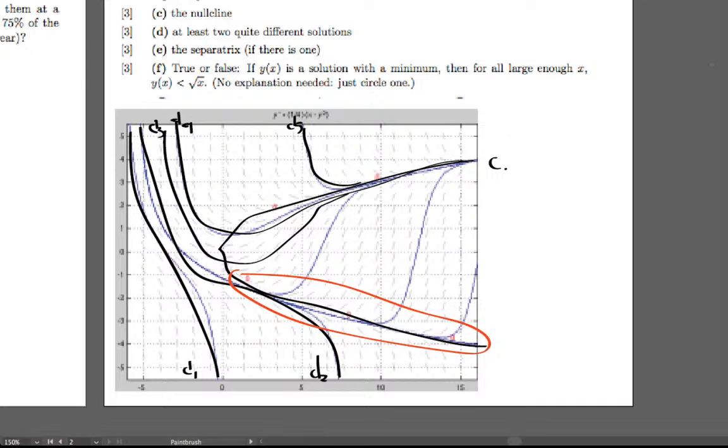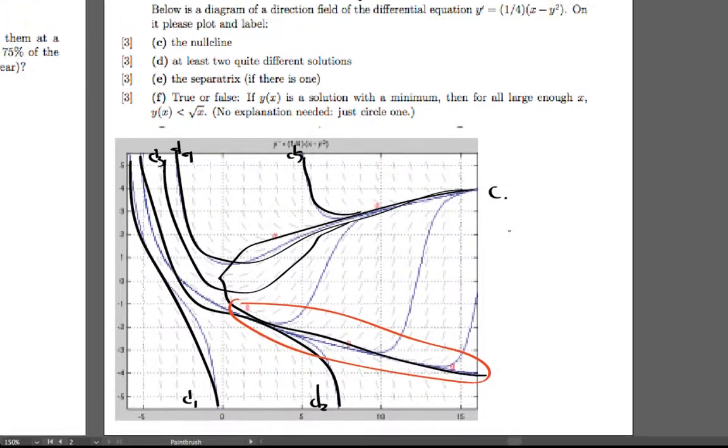True or false? If y(x) is a solution with a minimum, then for all large enough x... Wait, what? What is the question?